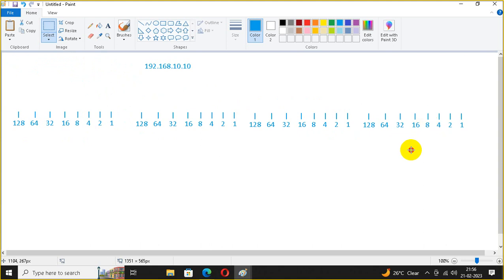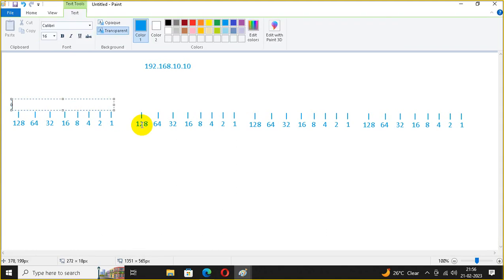Perfect. Now if I want to create 192 from here, which one do I have to select? How to create 128 plus 64. Very good.